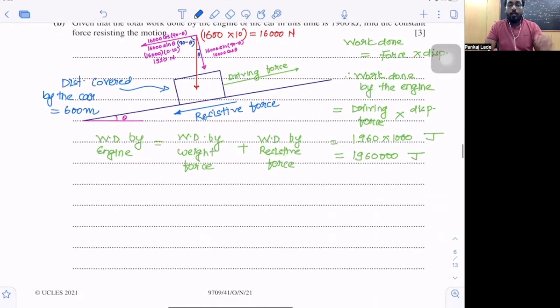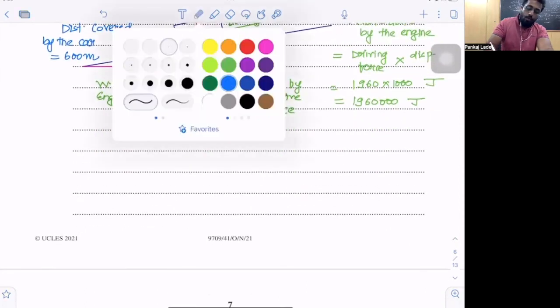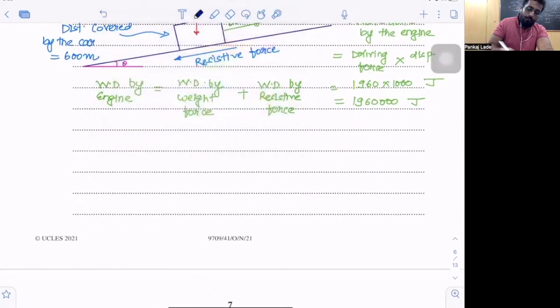You know that work done is given by force into displacement. Work done by engine, I already have it. Work done by engine is 1960000, which is equal to force into displacement.